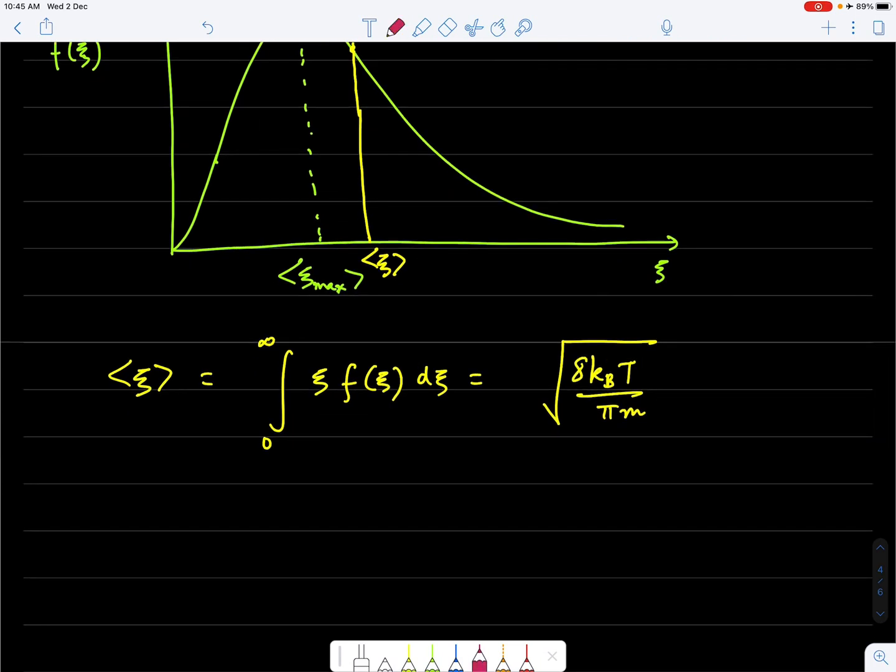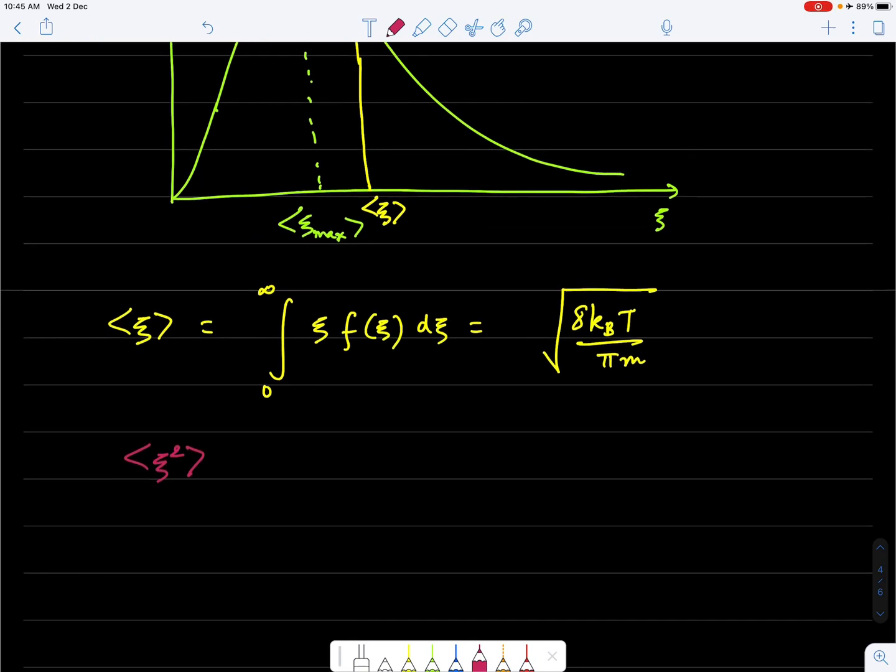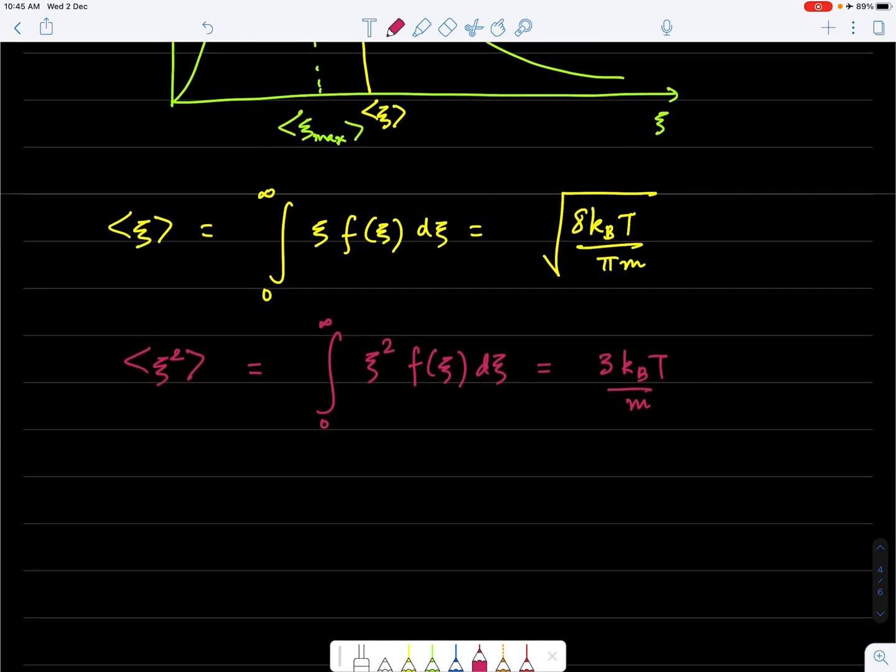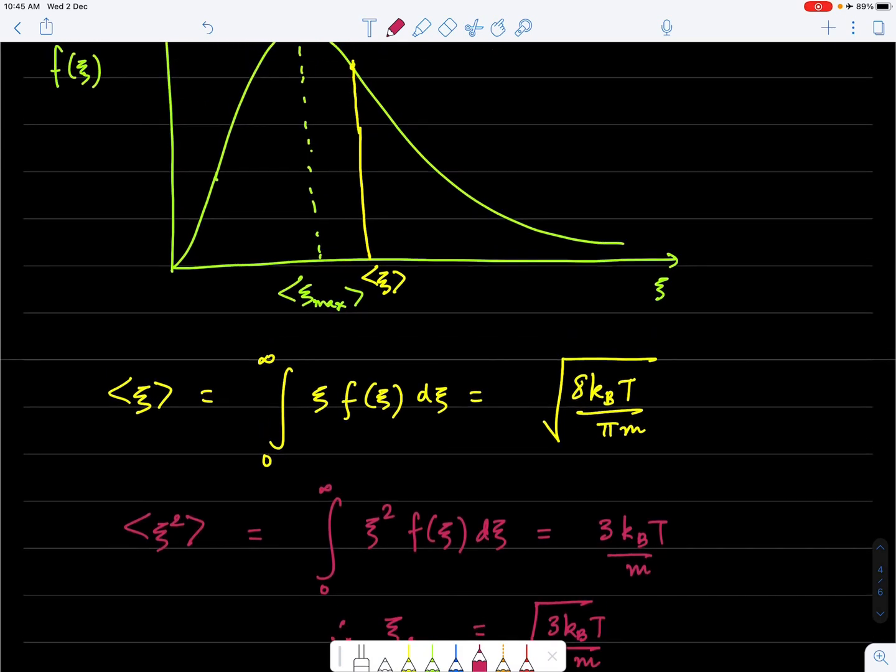And further, if I take one more step and calculate the expected value of ξ², which tells me the average kinetic energy in the system, that would be the integral from 0 to infinity of ξ² f(ξ) dξ, and this integral will come out to be 3k_BT/m. So the root mean square speed of gas particles, which is based on the average kinetic energy, will be the square root of 3k_BT/m, and this would be somewhere here on the same picture.